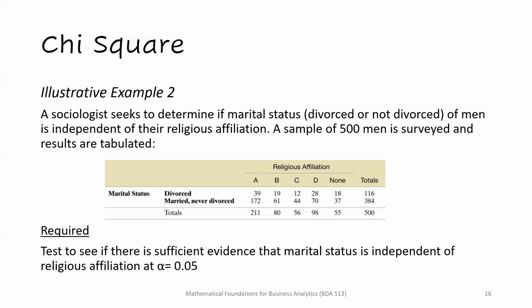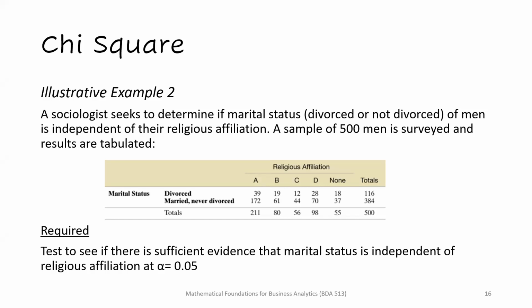Religious affiliations, we have A, B, C, D, and none. Then we have marital status on our left, divorced and others. For category A, we have a total of 211, divorced 39, married never divorced 172. For category B, we have 19 and 61.